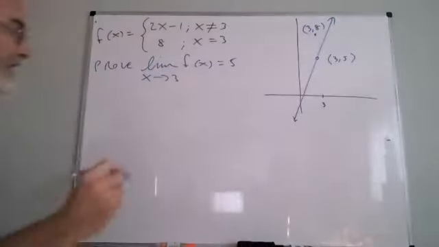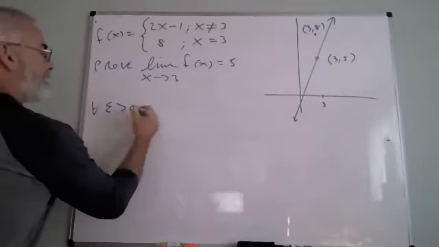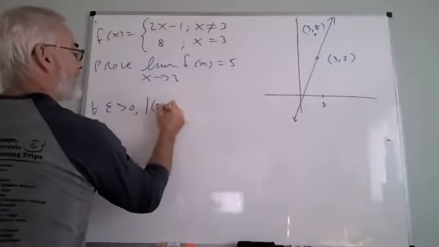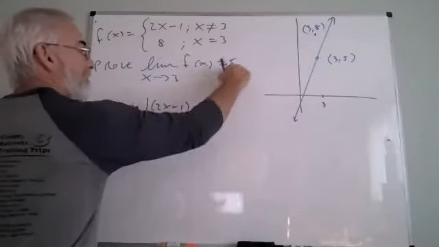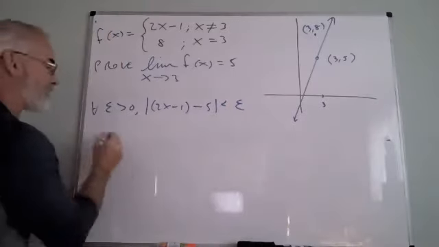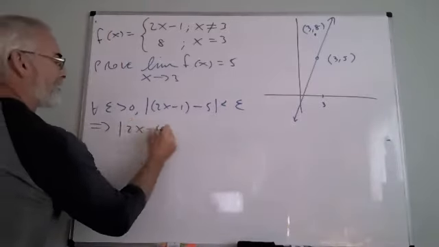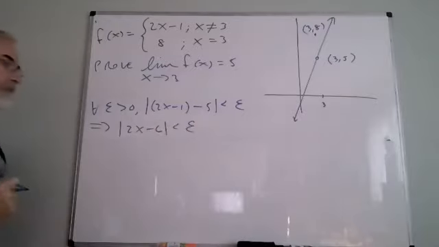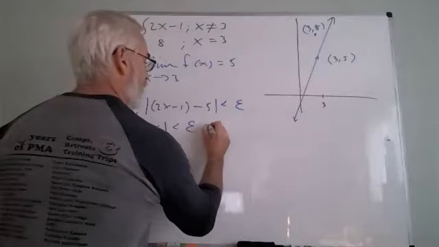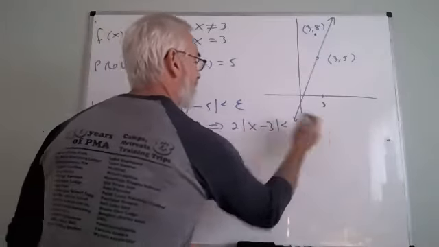So the proof starts like this. For all epsilon greater than 0, the absolute value of f of x minus the limit is less than epsilon. That statement then implies that the absolute value of 2x minus 6 is less than epsilon. Now, I can easily factor a positive 2 out of the absolute value. So that would imply that 2 times the absolute value of x minus 3 is less than epsilon.